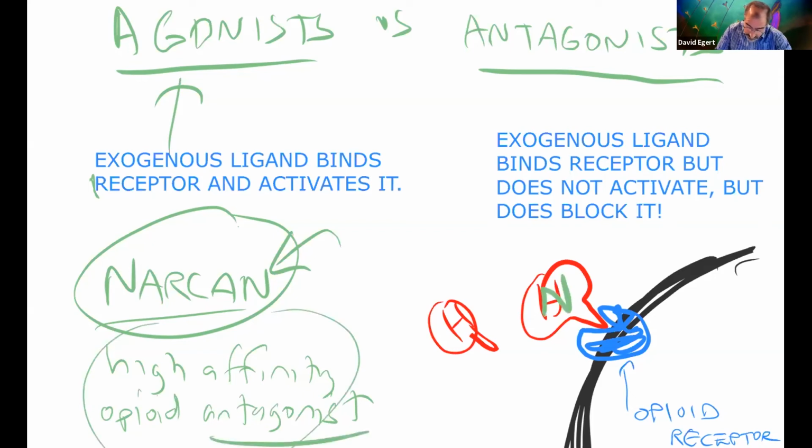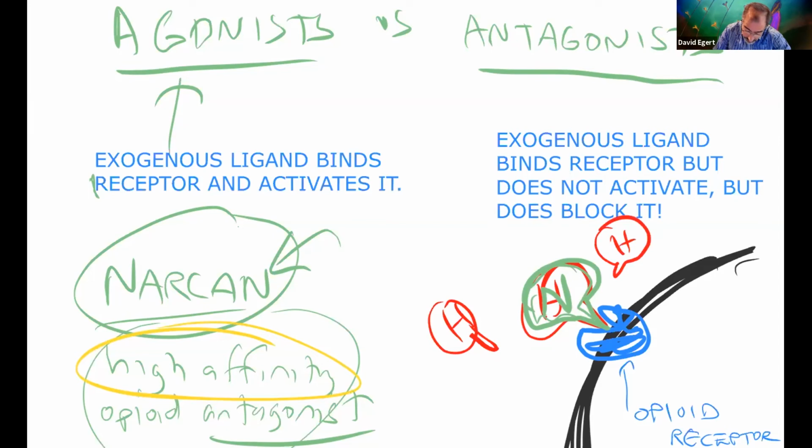It's going to get in here and it will bind. And it's high affinity, which means it really wants to hold on. So the little heroin molecules are still hanging out here. There's still a bunch of heroin, but the Narcan isn't letting go. It's not giving the heroin a chance to get into the receptor and bind.